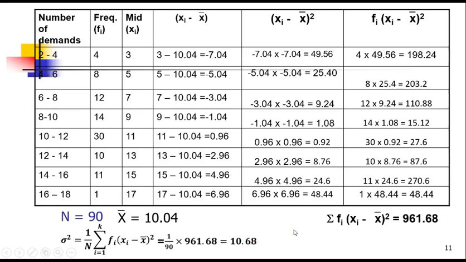So remember one thing, that if your data is in centimeter, sigma square will become centimeter square, because here you have a square term. The xi minus x bar will be in centimeter, but the square will make it centimeter square. That means here, this 10.68 is in rooms demanded square.